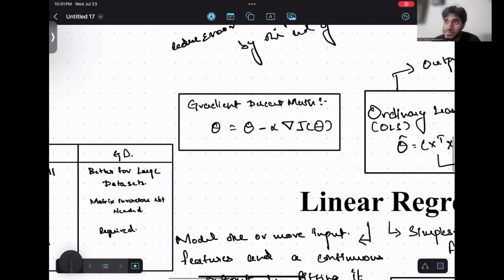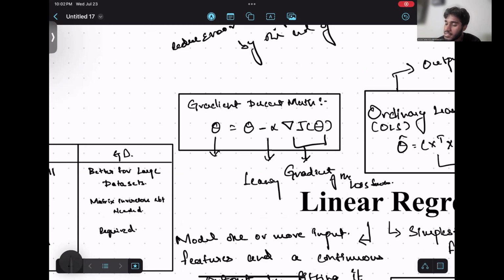So how we change this weight with each step is what this formula defines. For example, this is the initial weight, and now we change this weight by reducing it by the learning rate into the gradient of the loss function. So this term represents the gradient of the loss function, and this term represents the learning rate.